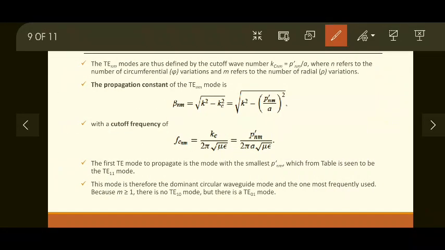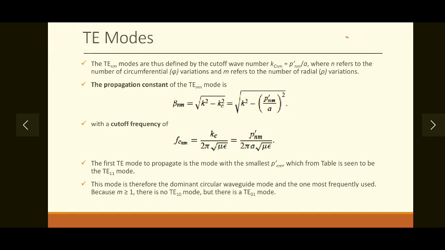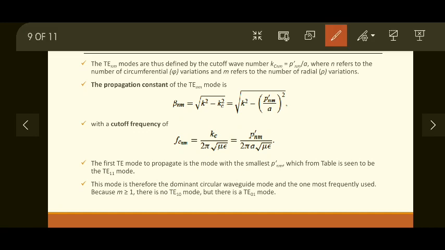Okay, so let's go forward further. The TEnm modes are thus defined by the cutoff wave number kcnm equal to p'nm/a, where n refers to the number of circumferential variations, so phi, and m refers to the number of radial variations, that is rho. Okay, so the propagation constant beta in the TEnm mode. Now here we are using TEnm convention.